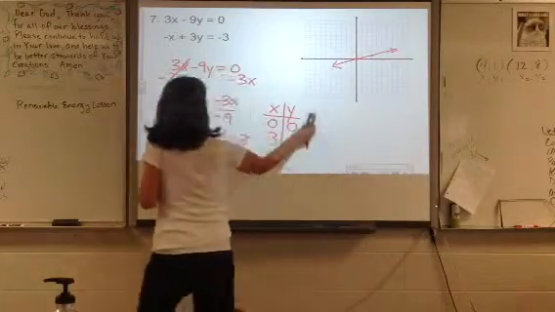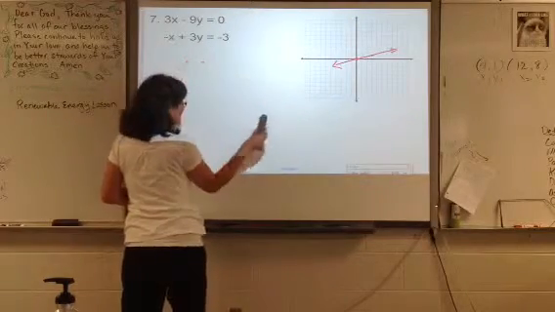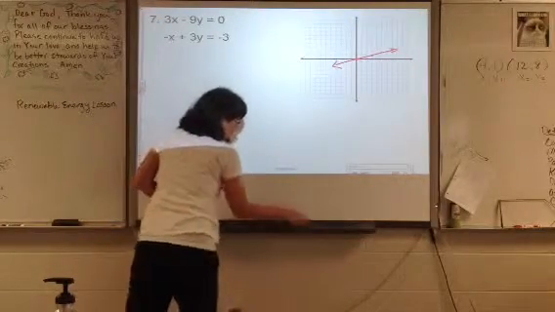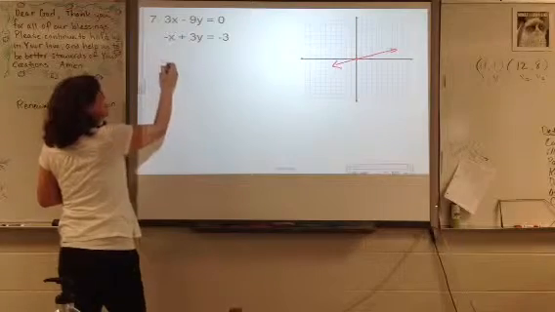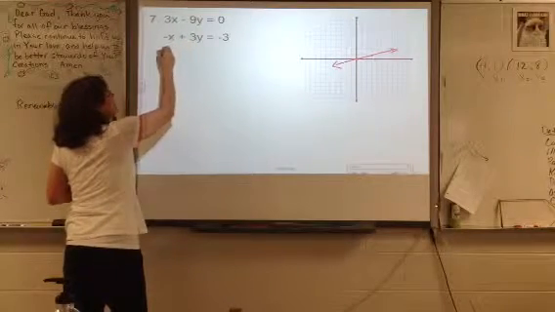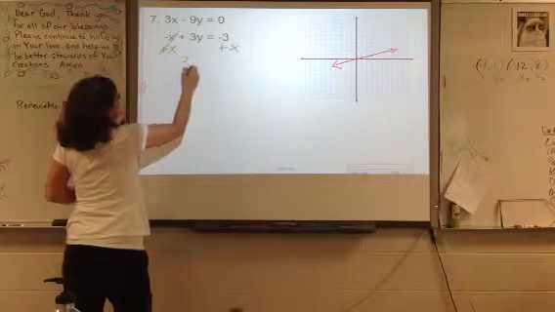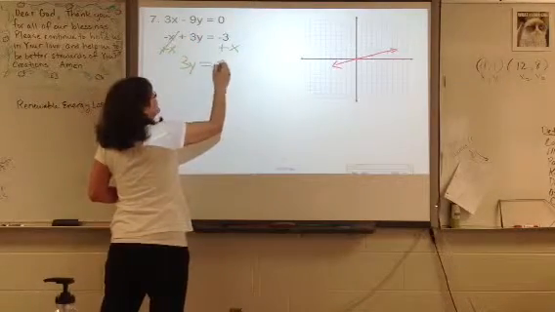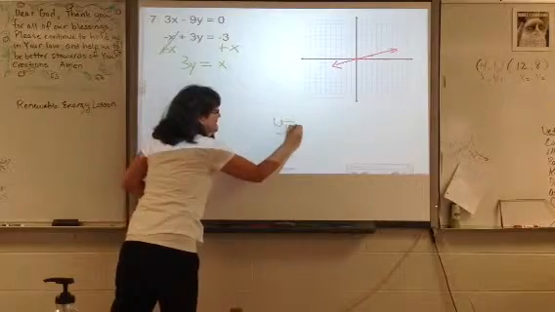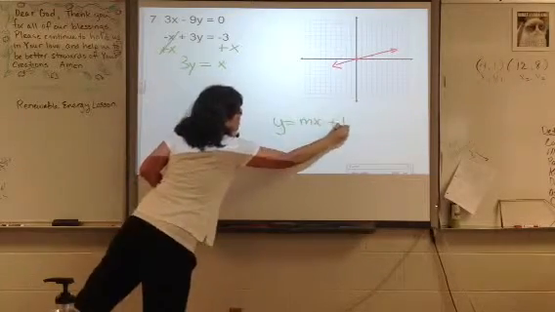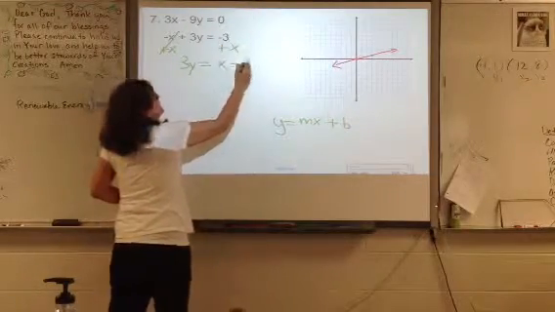Muy bueno. I know I'm going kind of fast. I have to, so I don't run out of space on my iPad, and you guys should be ready to go this fast. I'm going to rearrange this one too. I'm going to make it slope-intercept form too. Put the x first because that's the way it is in slope-intercept form. And then put the -3.